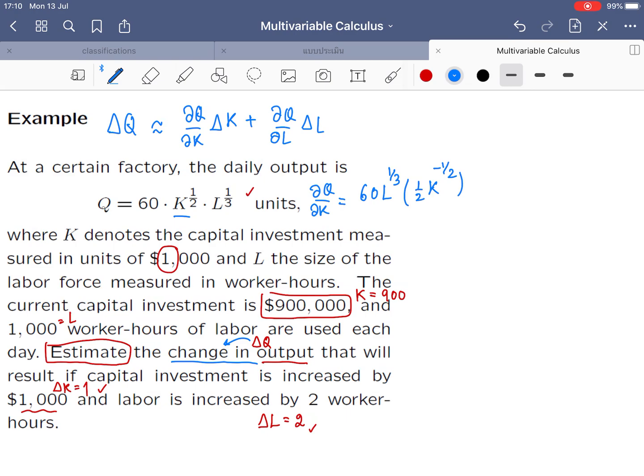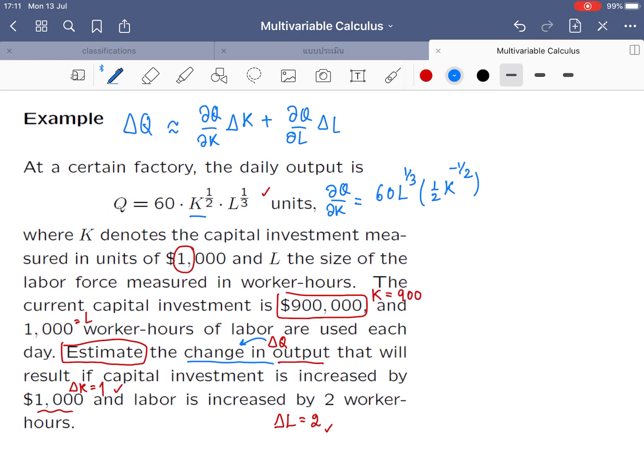On the other hand, to find dQ/dL, 60 K to the power 1/2 is a constant, so the derivative with respect to L goes directly to L to the 1/3, so you get 1/3 L to the negative 2/3. So you have it like this.